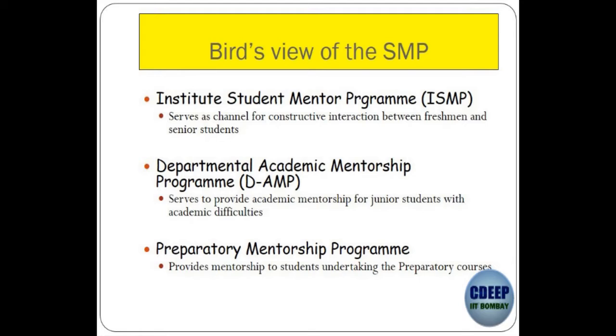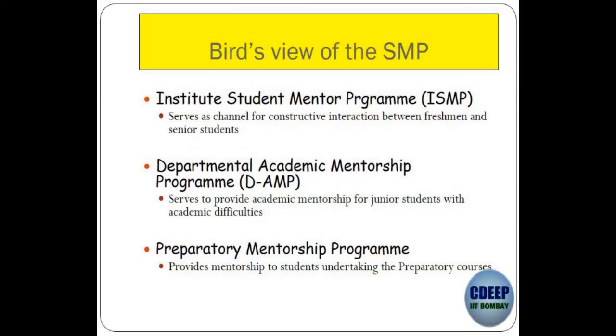Then we have the Department Academic Mentorship Program, which aims to provide academic mentorship for junior students in the undergraduate program. So students who are having difficulties in their academics, the Department Academic Mentorship Program aims to provide them some help.